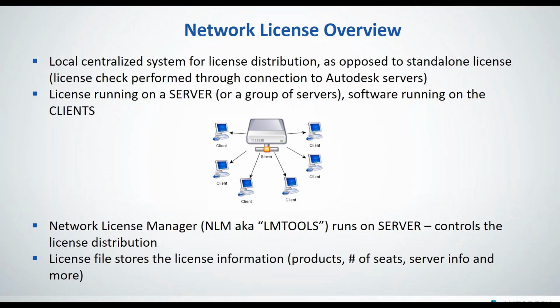Usually on the server, we will have our network license manager. It's a tool that controls the distribution of a license to our users, and that allows a user who starts an Autodesk product to pull a license from the license server through the network.